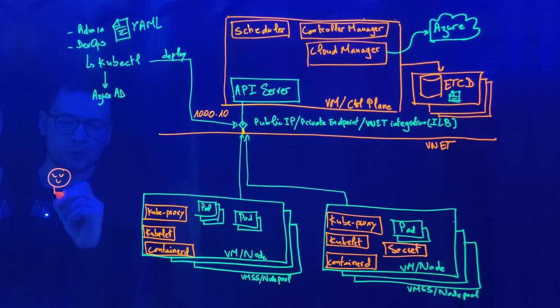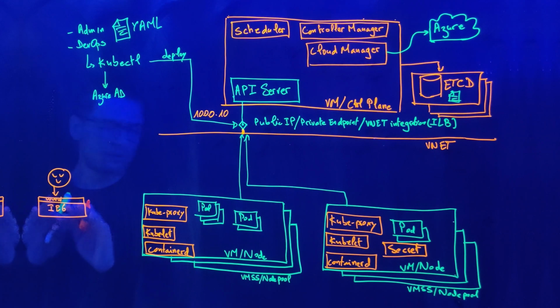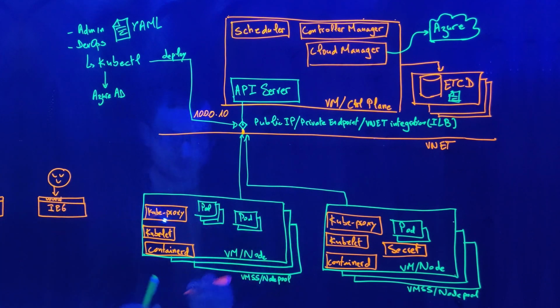They will use their browsers. So they will go on the internet, and then they will use their very modern browser like Internet Explorer 6, not use it. So then how can this user from here access those pods from here?